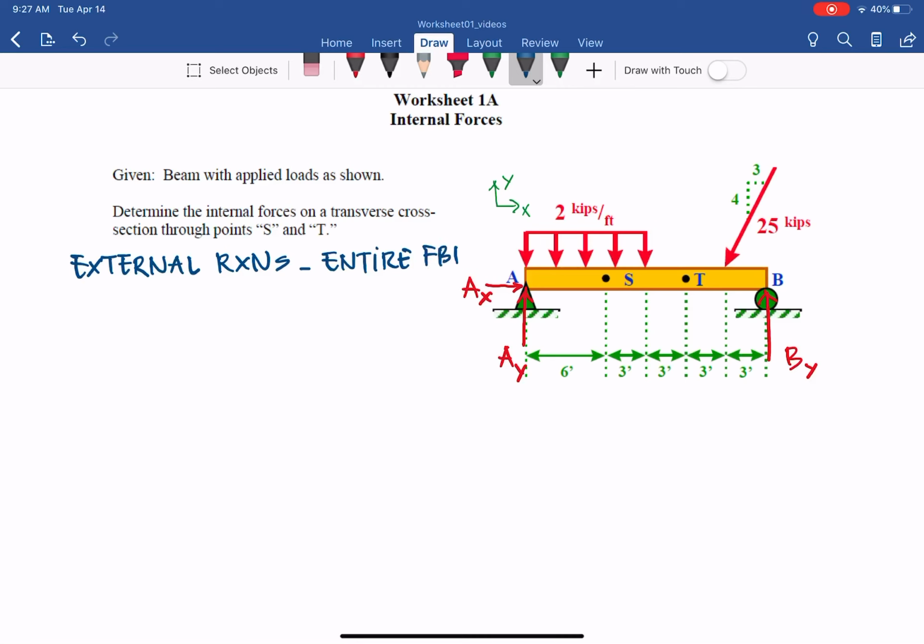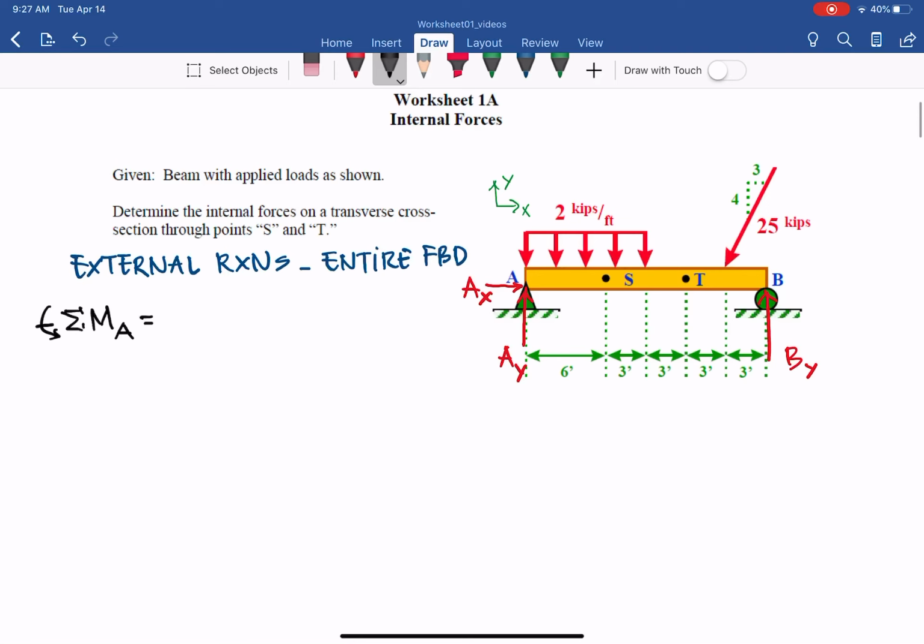So if we take moment about A, assume counterclockwise positive, so you have 2 times the distributed load of 9 feet.